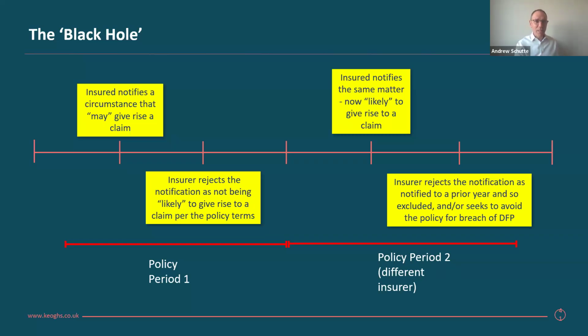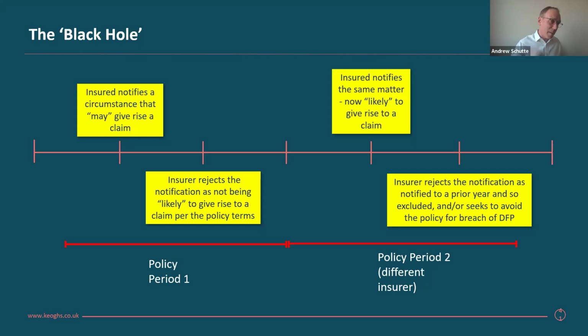So we don't cover it. And they might also go on to say, and by the way, you should have told us about this in the proposal form, and you never did. You've got a duty of fair presentation. You should have told us all about it, and you didn't. So that is a problem for your insured. And it's a tricky situation.